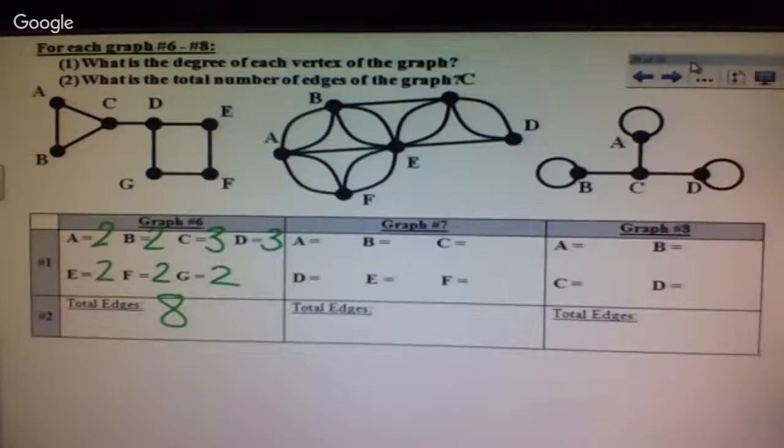And what would graph 8 be? Total edges? I'm trying to understand it. Well, then it's after this. That's what I was asking. Like, Miss Smith, what would it be? You got on me when I wasn't even talking to you like that.